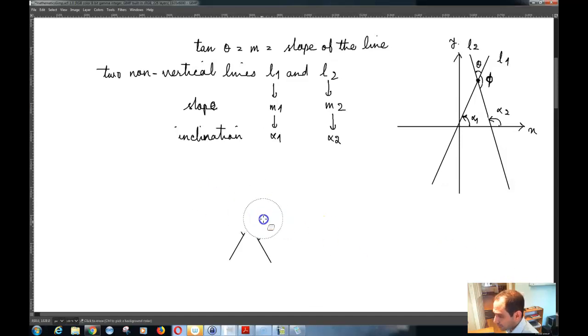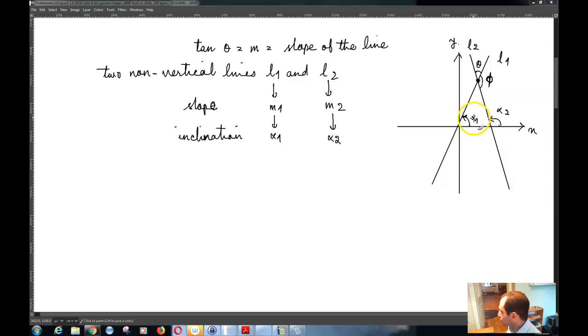If I call these two angles theta and phi between the two lines L1 and L2, then of course I can write theta is equal to alpha 2 minus alpha 1.